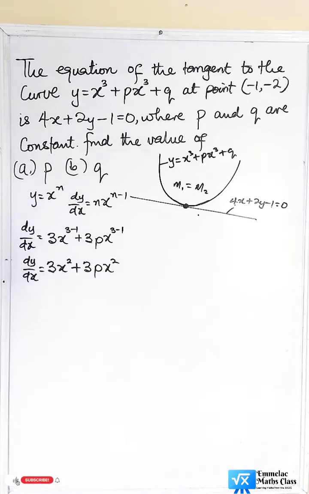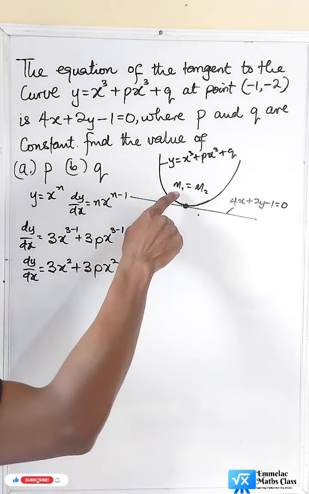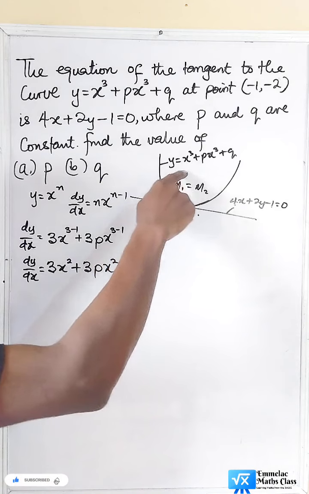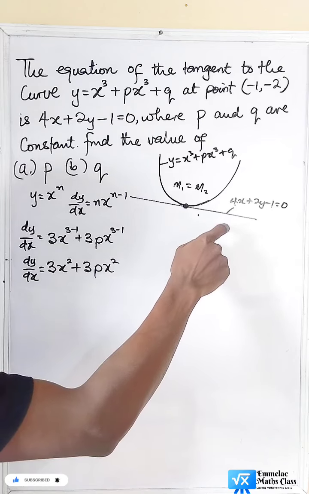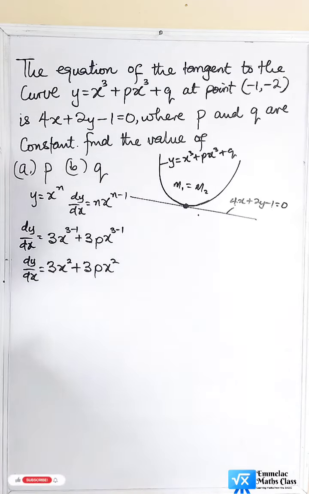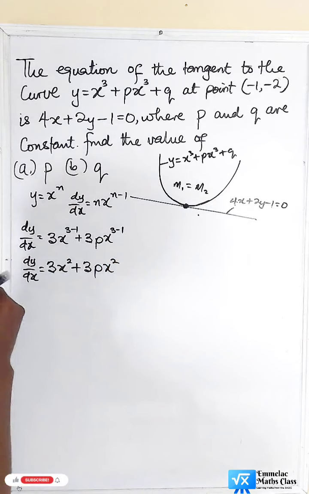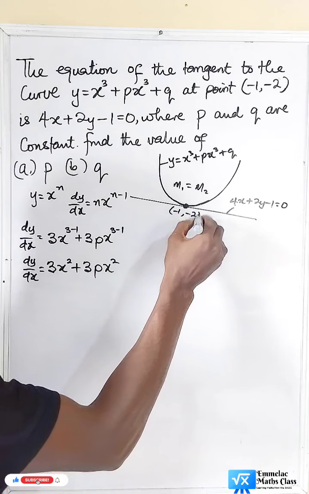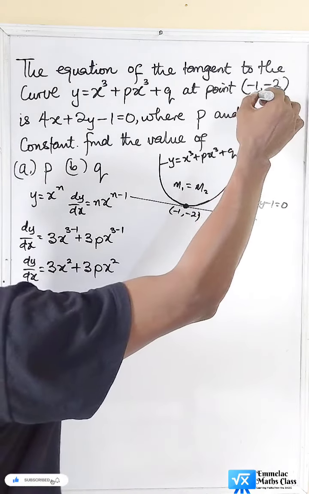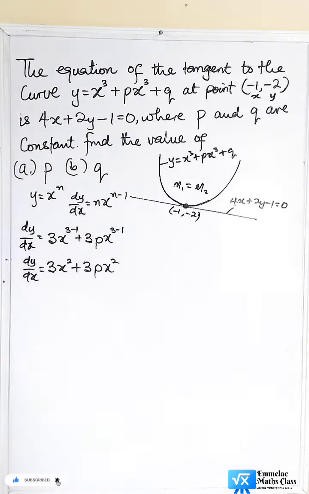2. Now take note, I said that the gradient of this curve will be equal to the gradient of the tangent. And at this point, x is -1 and y is -2.